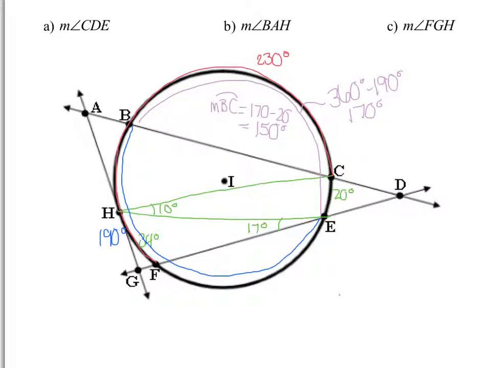What this allows me to see then is that I have this arc, which is 230. Take away this part, which we just found is 150, and this part, which is 34, and the measure of arc BH is 230 minus 150 minus 34.